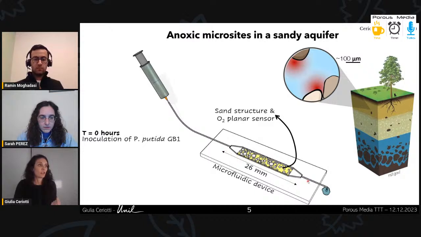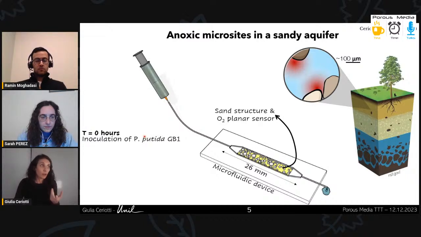You see this chip is 26 millimeters long, so it fits perfectly on a glass slide for the microscope, and it can be attached to a syringe and a syringe pump that sets up the pore water flow into my system. Before starting the flow, I inoculated the chip with an aerobic strain called Pseudomonas putida GB1.